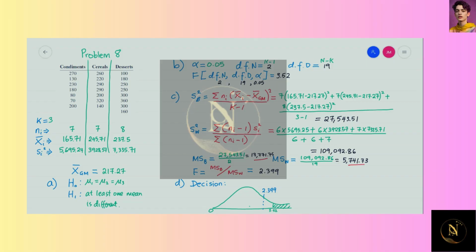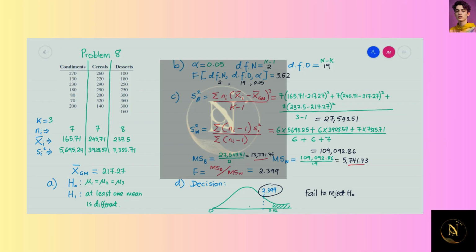So we have to make a decision to fail to reject the null hypothesis, because the calculated value of F is not within the critical region.